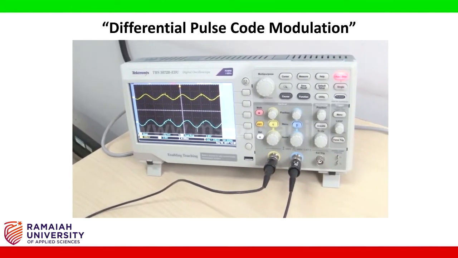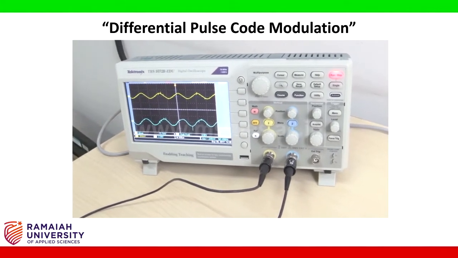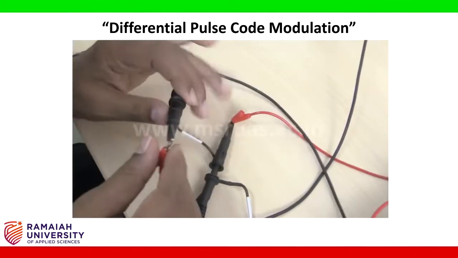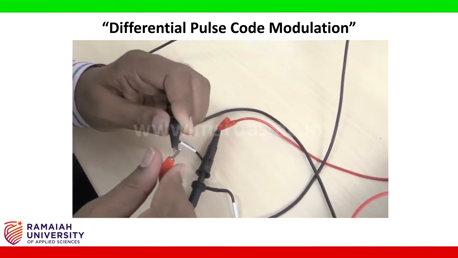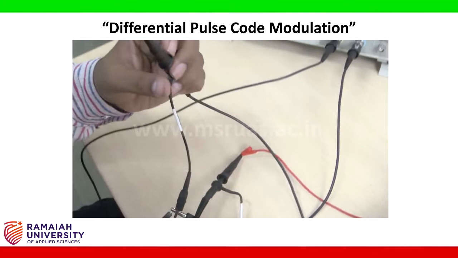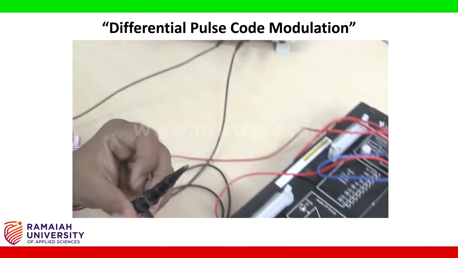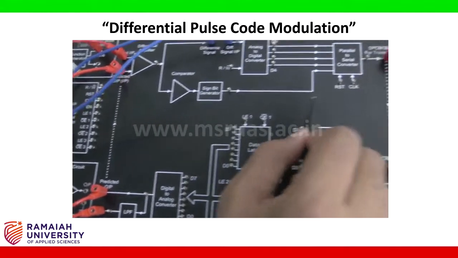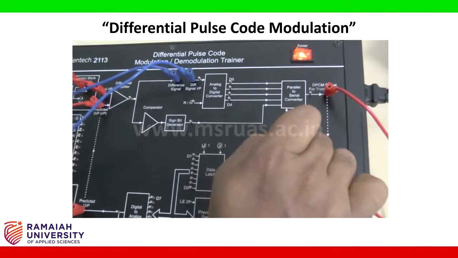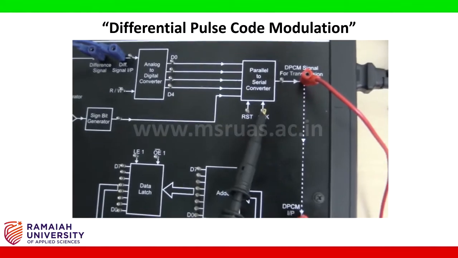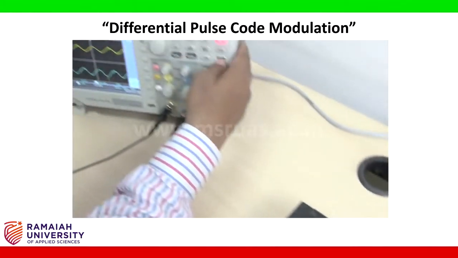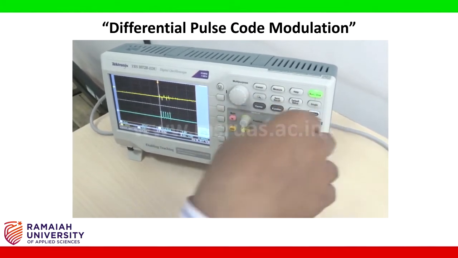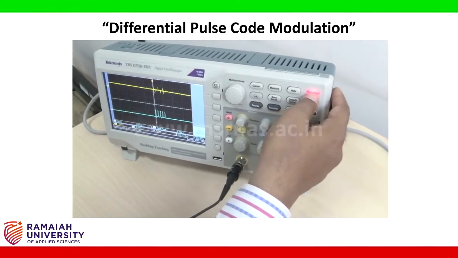The inside clock signals we are going to observe now. I am removing the connection from the channel 2 probe and I am going to connect the clock signal of the parallel to serial converter, and observe the signal on the digital oscilloscope by using the auto set option and run and stop.